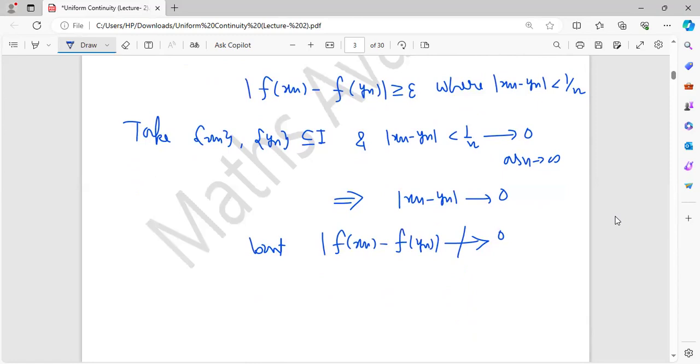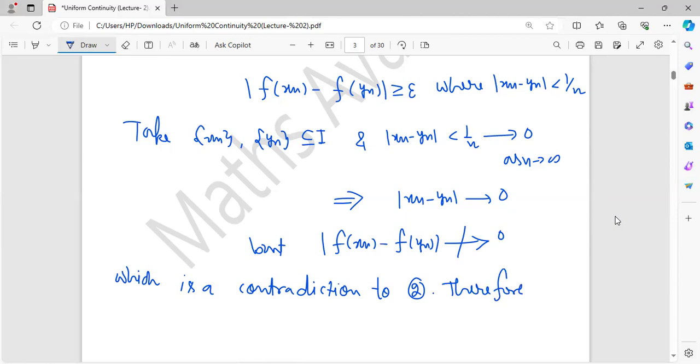Okay, so this implies a contradiction to 2, because we have considered that 2 is true and we are going to prove 1, and therefore 2 implies 1 is correct. So both these statements are equivalent.